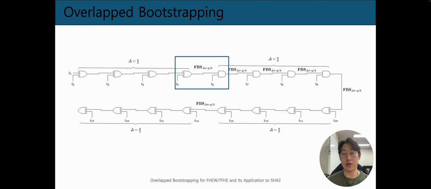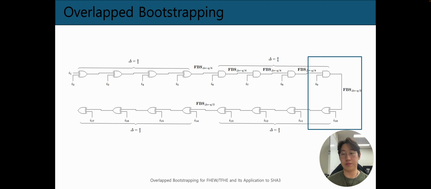When an AND gate operation is the next step, we simply adjust the scaling factor by bootstrapping right before executing the AND gate. Then if another sequence of consecutive XOR gates follows, we adjust the scaling factor back to Q/2.